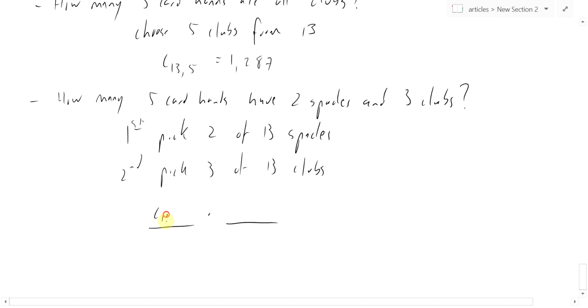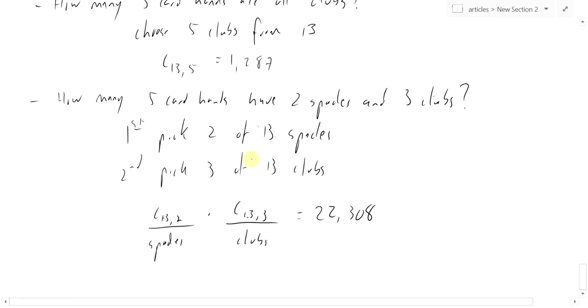So there's C(13,2) ways to pick 2 spades out of 13, and there's C(13,3) ways to pick 3 clubs out of 13 clubs. And if you multiply that together, you get 22,308.